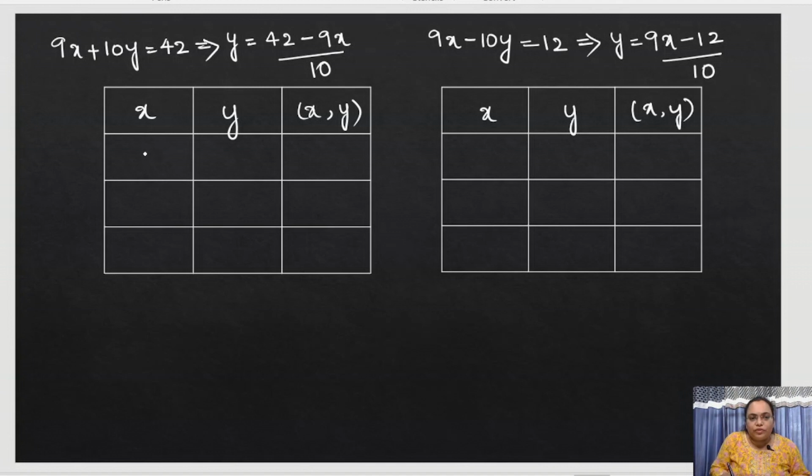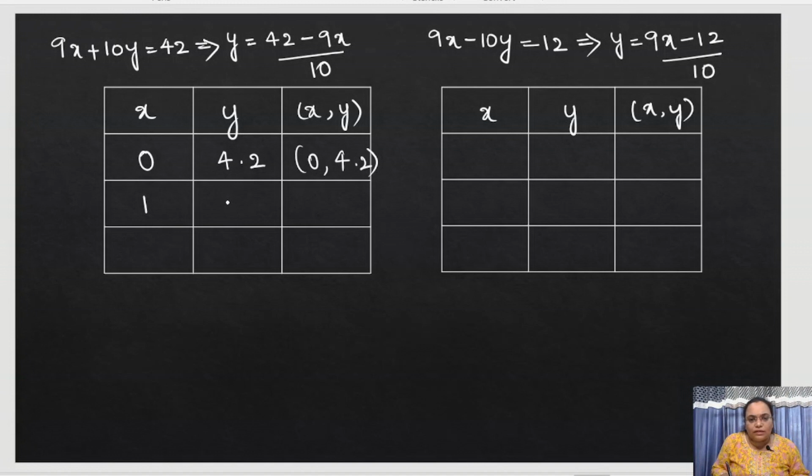See here, if you put x is equals to 0, you will get y is equals to 4.2. So, the points will be 0, 4.2. Okay. Then, if you put x is equals to 1, this is 42 minus 9 is 33, right?